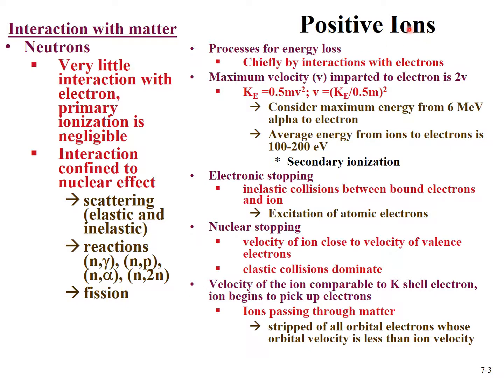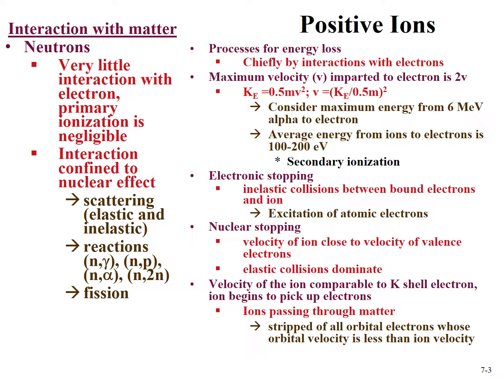If we talk about positive ions, so think of an alpha particle, those processes of energy loss are primarily through interactions with electrons. You can talk about a maximum velocity imparted to electrons being twice the velocity of the ion. So if you consider a 6 MeV alpha, the average energy transferred from ions to electrons is on the order of 100 to 200 electron volts.